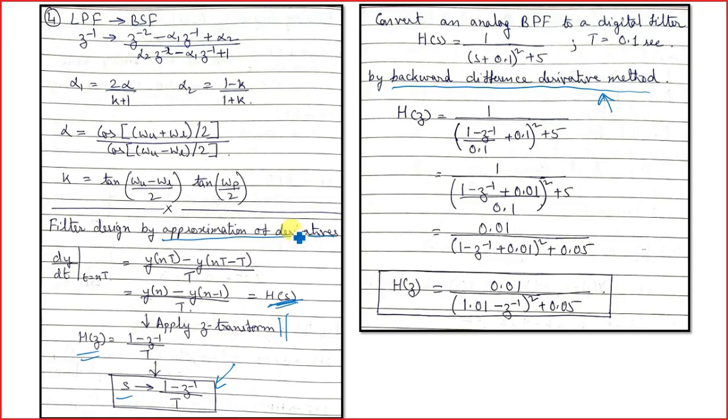I may give: convert an analog bandpass filter to a digital filter by approximation of derivatives. But which method you are applying, you have to specify. Are you getting my point? So you have to mention that the analog bandpass filter is converted into a digital filter by the backward difference derivative method. Under this condition, we transform S to 1 minus Z inverse divided by T. After putting that, you start with the numerical.